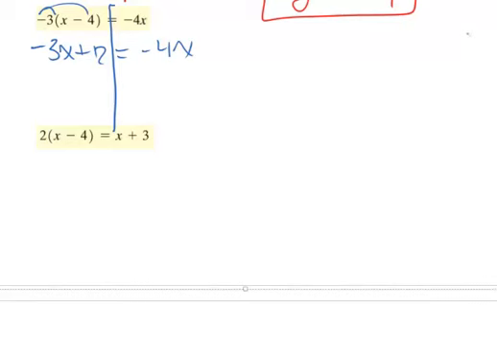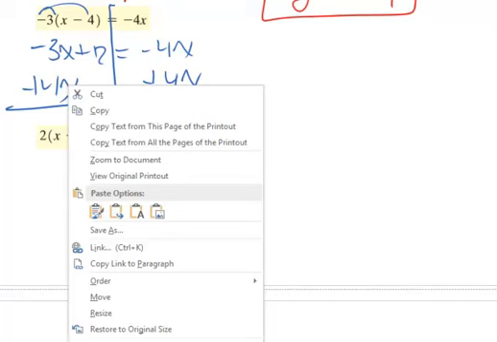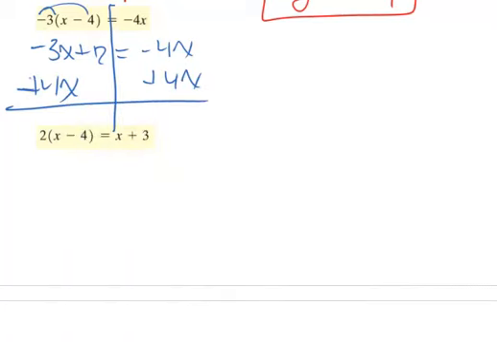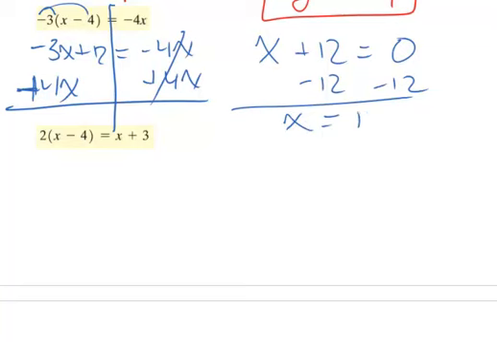If I go ahead and move my 4x over, because that's my smaller term, the negative 4x, so if I add 4x to both sides, I'm now going to have, so negative 3x plus 4x gives me an x plus 12. On the other side, we now have 0 because these 4x's have canceled out. So my final step is just to go ahead and minus 12 on both sides, and we come up with x is equal to 12.